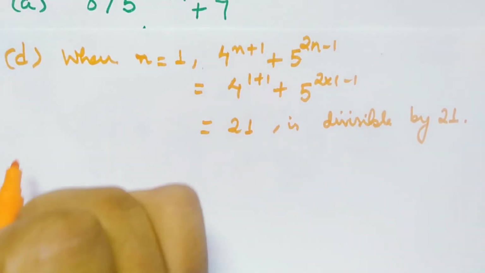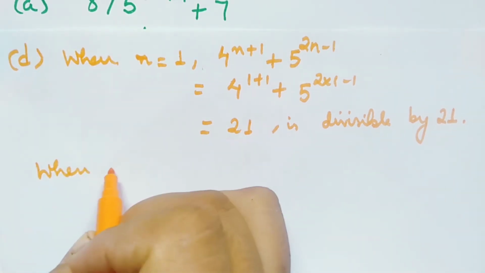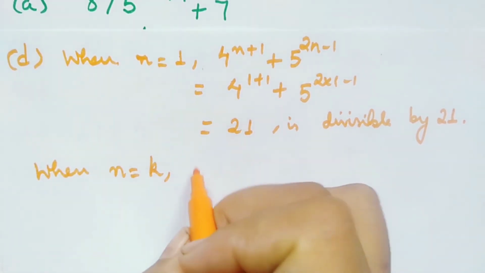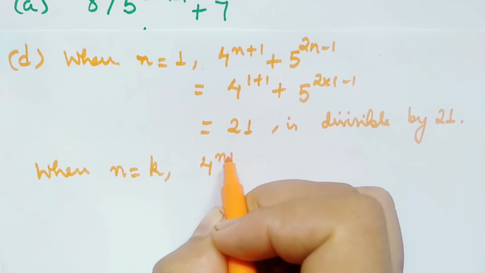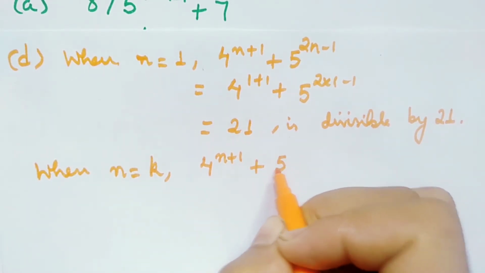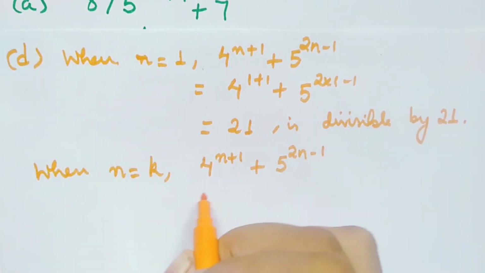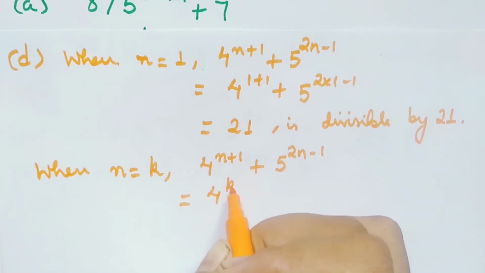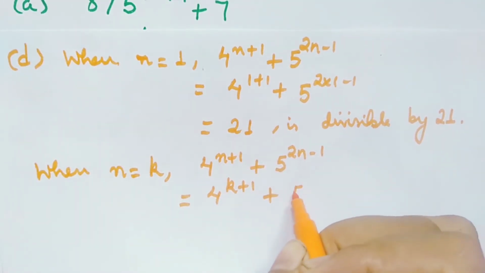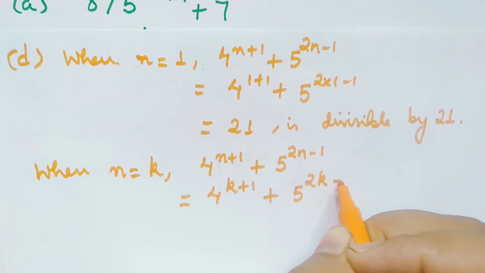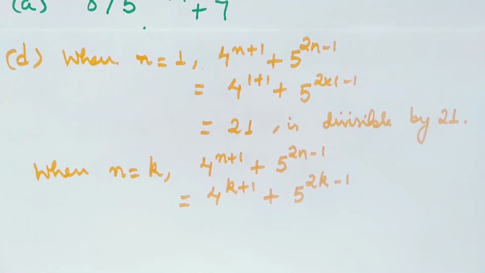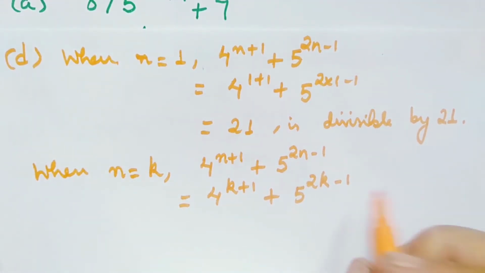Now we check when n is equal to k. When n is equal to k, 4 to the power k plus 1 plus 5 to the power 2k minus 1. Suppose this one is divisible by 21.